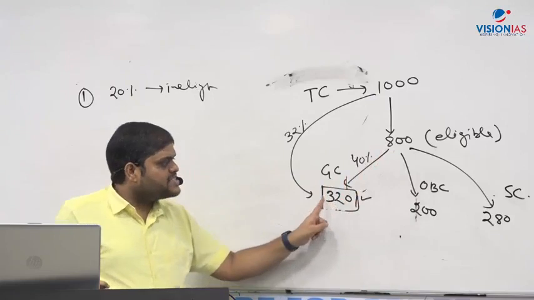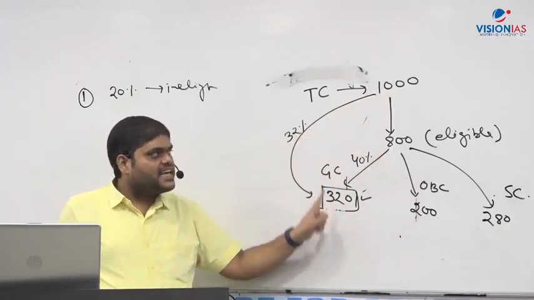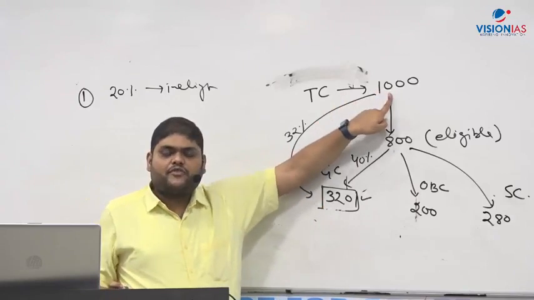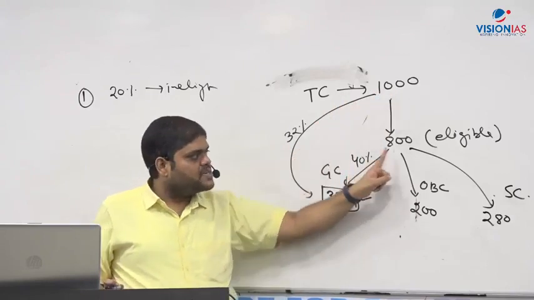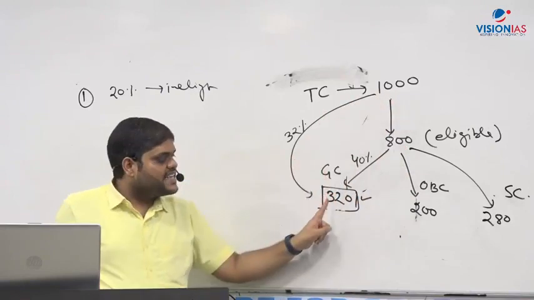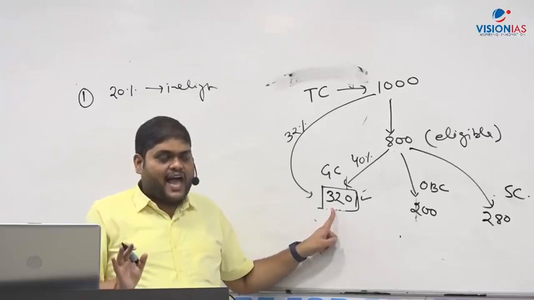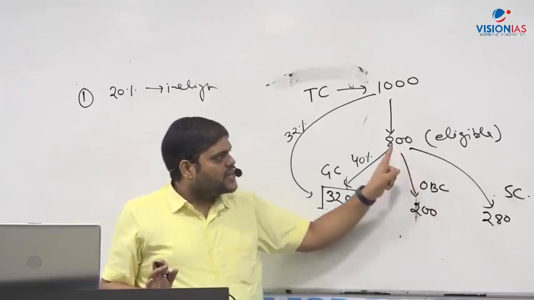If you are giving this data with respect to this, you will say the general category is 32% of total. This is 40% of eligible or 32% of total. The data is not going to change. Data will remain 320, and if you add all three, it will be 800.